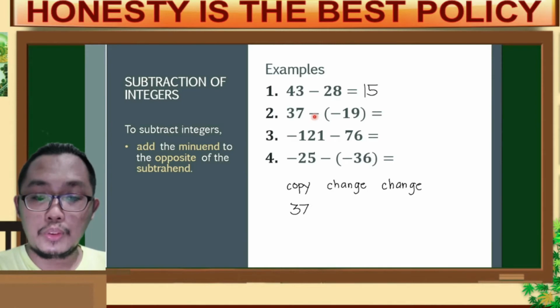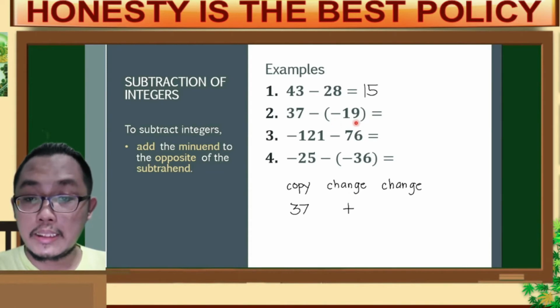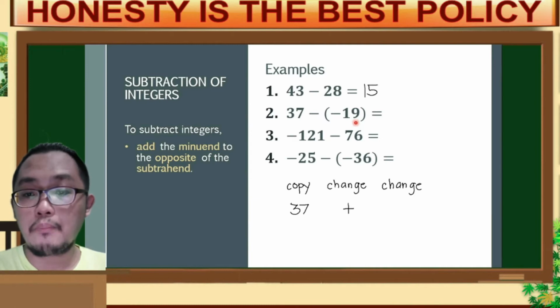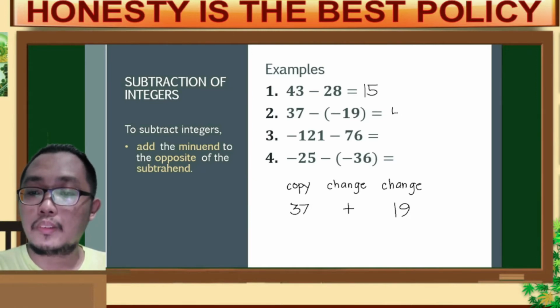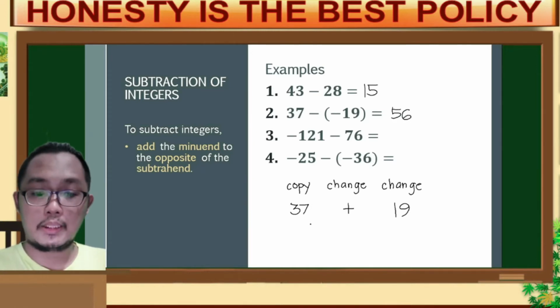We need to change the operation from subtraction to addition. And this is a negative 19, so we have to change this to its opposite, which happens to be positive 19. Now we have this addition statement. Since we have common signs, easily we have the answer of 56. So the final answer is positive 56.